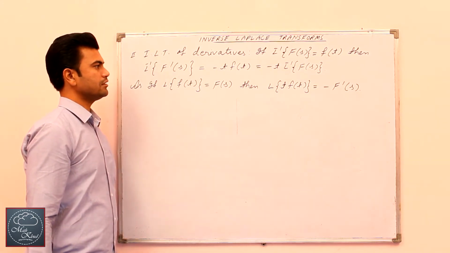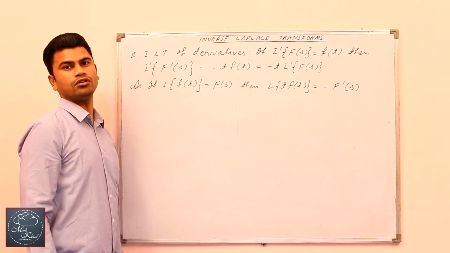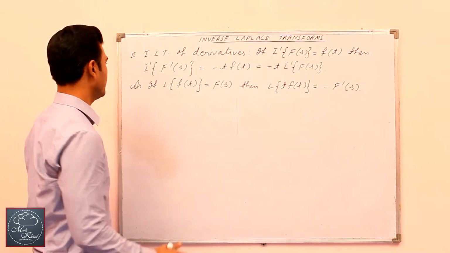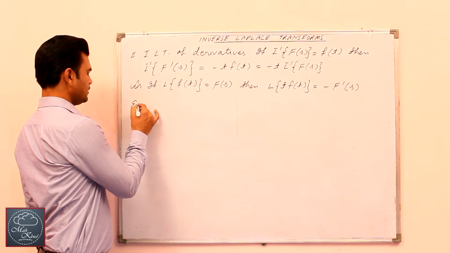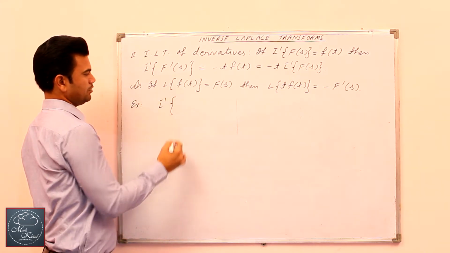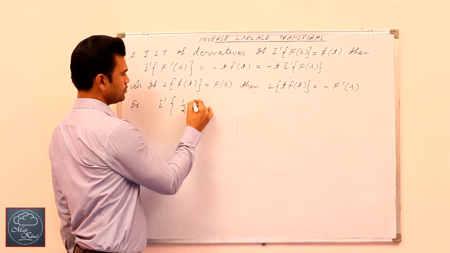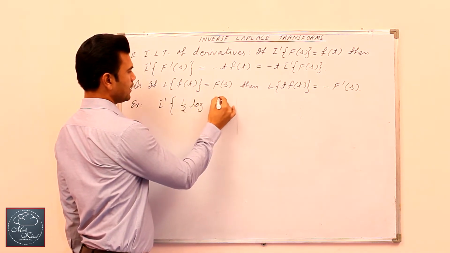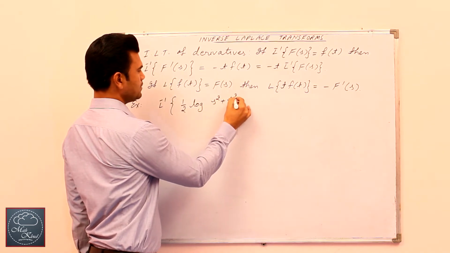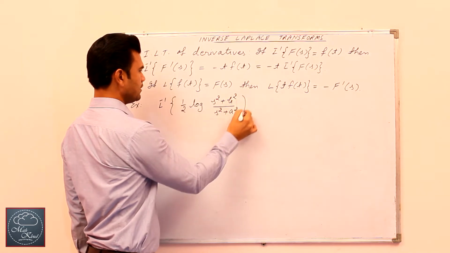Now let us take one example to illustrate the use of this property. Let us consider, I want to find the inverse Laplace transform of the function 1/2 log of (s square plus b square) over (s square plus a square).